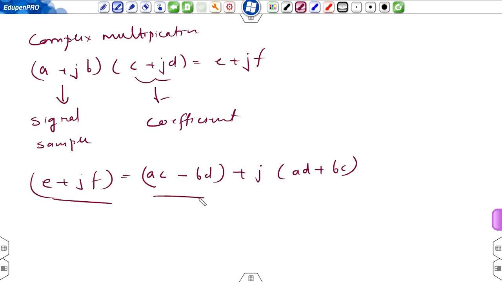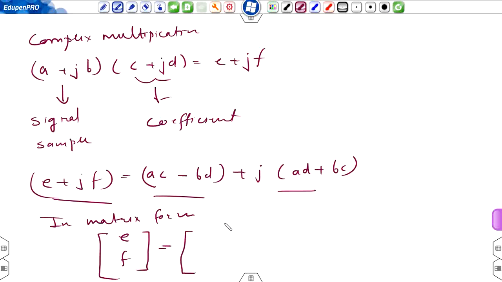This multiplication can be expressed in matrix form. I can write it like this: the column matrix E, F on the left hand side, and on the right hand side the coefficient matrix, with C and minus D from the first term, and D and plus C from the second term.